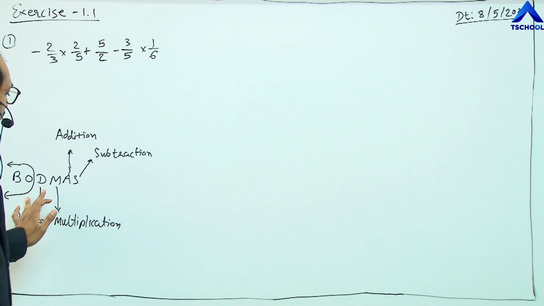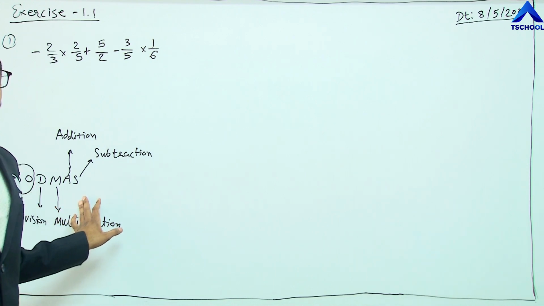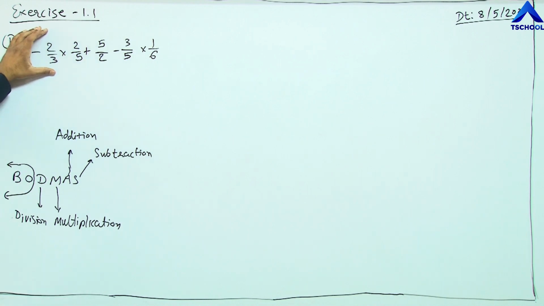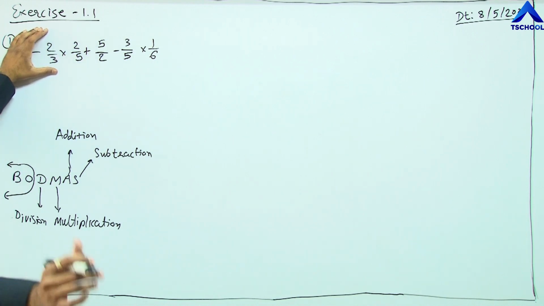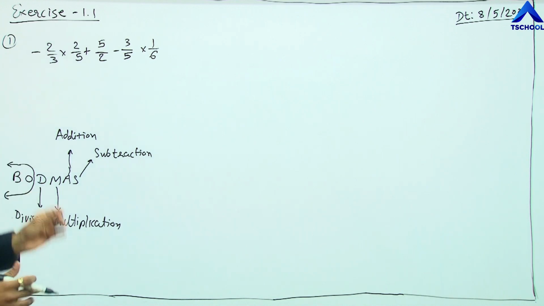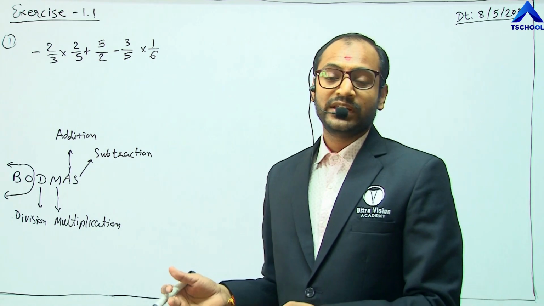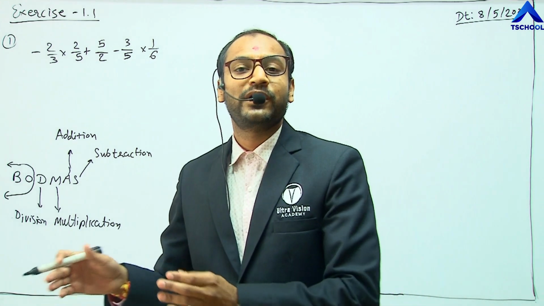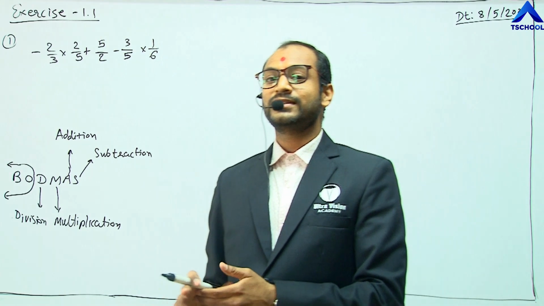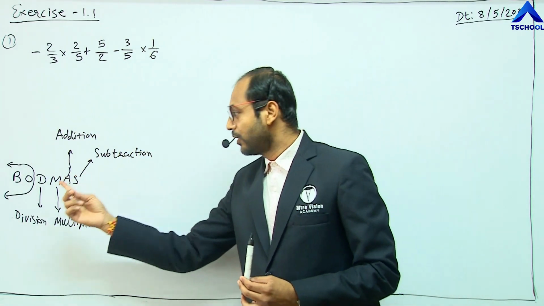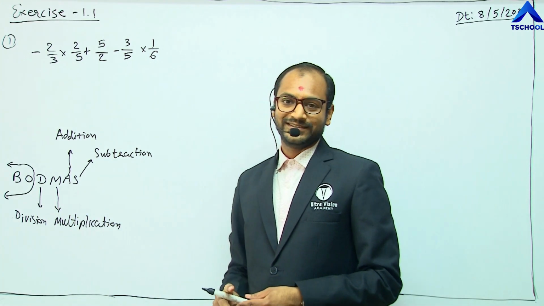This is the sequence to solve a problem like this. Which process can we use to solve this? But as per our syllabus, the question says to use certain properties. That means we use associativity and commutativity instead of this BODMAS rule.